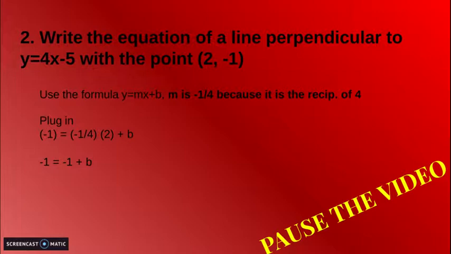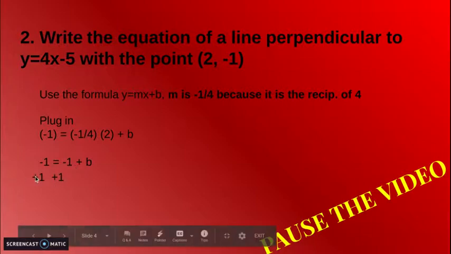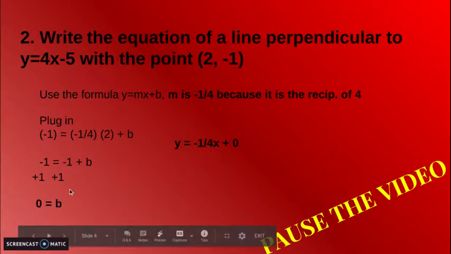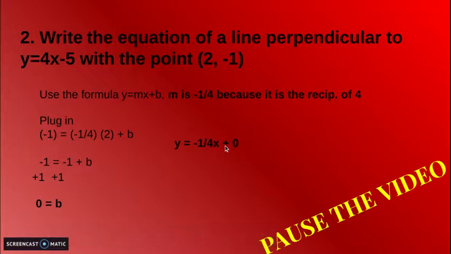The correct answer would be, let's see here, one fourth times 2, which is 0.5, so it would be -0.5, not -1, sorry. But if it was 1, then you'd add 1 to both sides, and you'd find that b is 0. What it would actually be is that the slope would still be the same, but b would be minus 0.5. So if you got that, you're right.